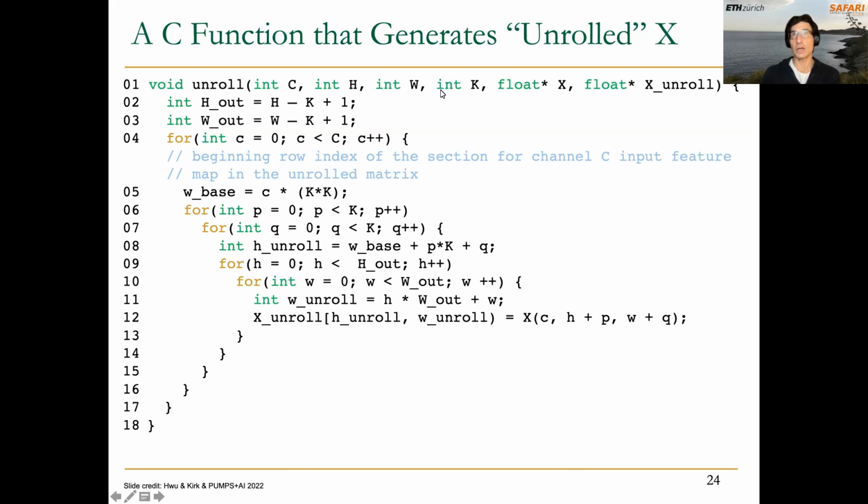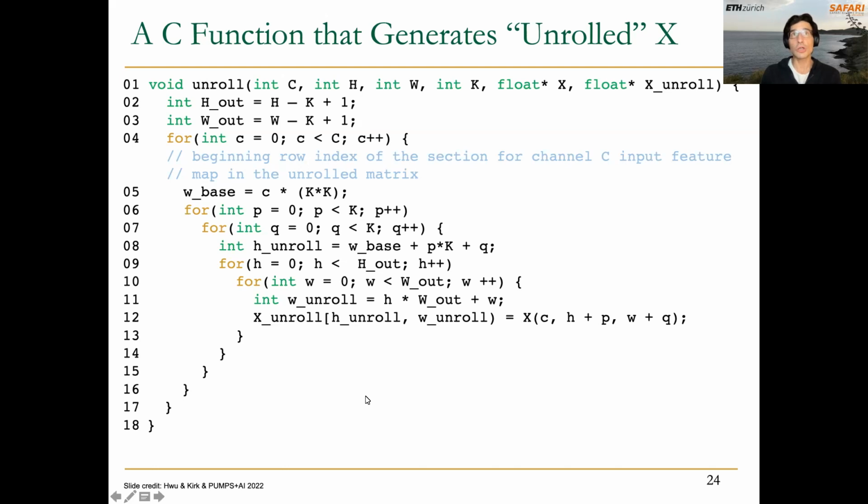K is one of the dimensions of the filter, and this X is the collection of input feature maps, and this X unroll is going to be the output of this unroll kernel, that is the unrolled matrix of feature maps.